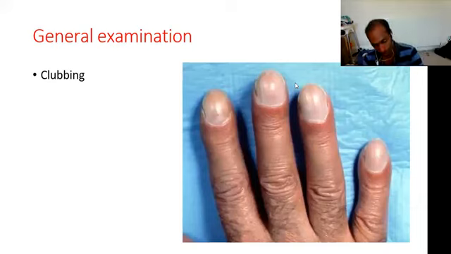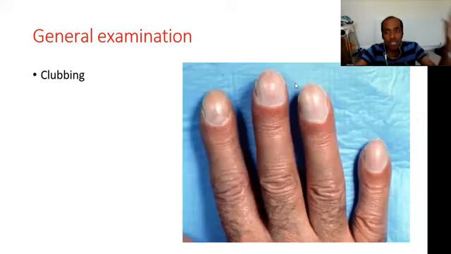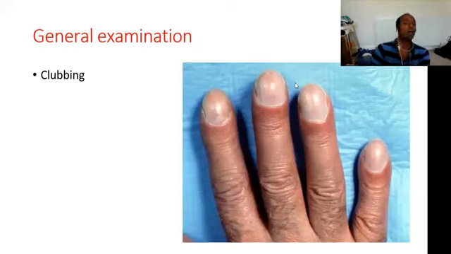Then you also see this in pulmonary fibrosis, or you call this diffuse parenchymal lung disease or idiopathic pulmonary fibrosis, various words used. A diffuse fibrotic process. So in interstitial lung disease or IPF, also known as diffuse parenchymal lung disease, clubbing is a feature.